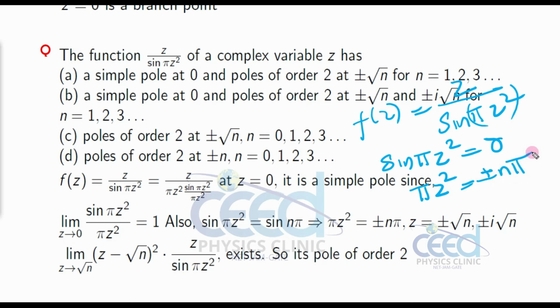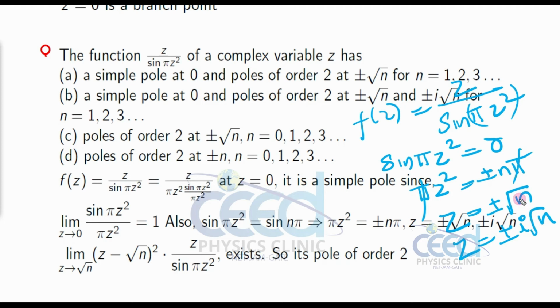Okay, now pi, pi cancel, so I can write z as root n, right? Plus or minus root n, or I can write z is equal to plus or minus i root n. Okay, these all are the possible values here. So I can say this is a pole of order 2, right?